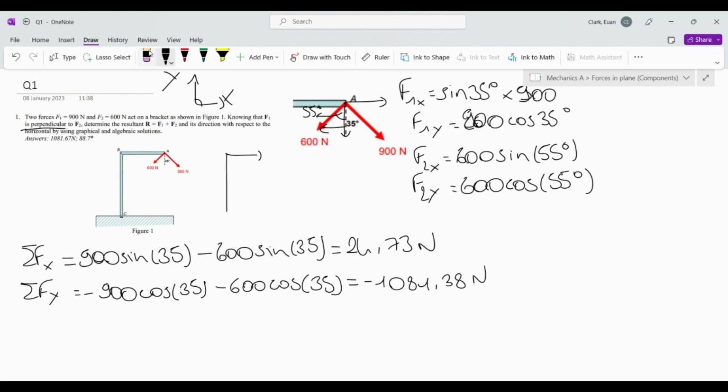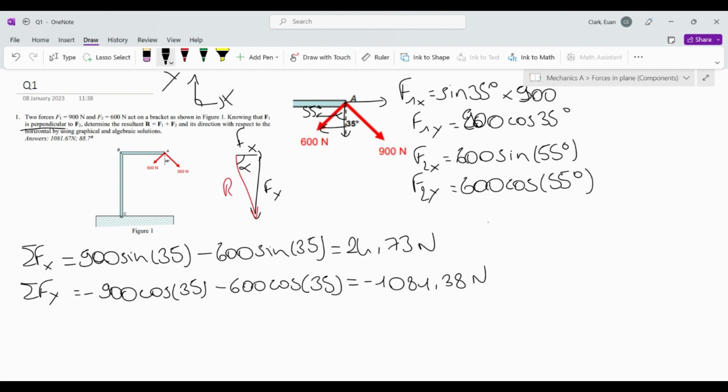Actually, I'll make it easier for us, and I'll pop it on this side. And then we'll have the resultant force go like this. We want the angle, so this is Fx, this is Fy, and this is our resultant. The angle we're looking for, the direction with respect to the horizontal, would be this angle here. Let's call it alpha.